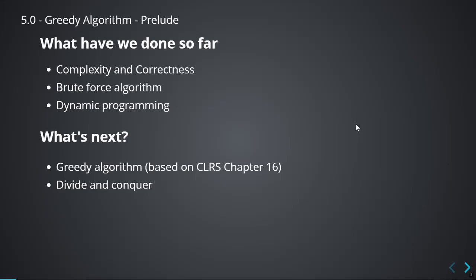So again, this week is about greedy algorithms, and this is again based on the textbook CLRS chapter 16. Chapter 15 and chapter 16 are closely related because they have this thing called optimal substructure. So I'm basing week 4 and week 5 on those two chapters.